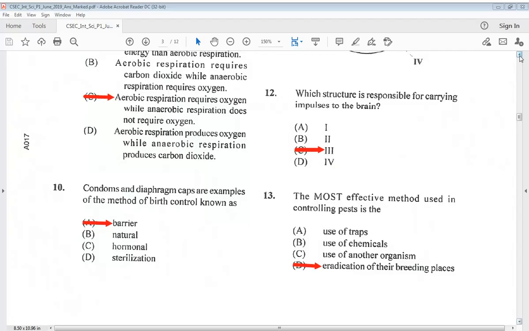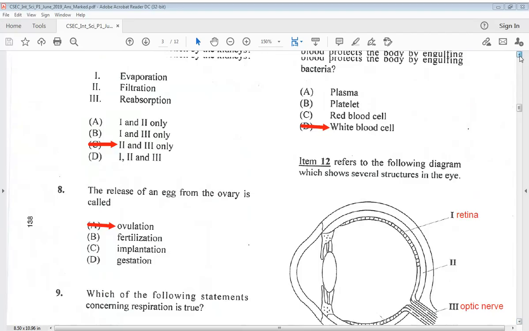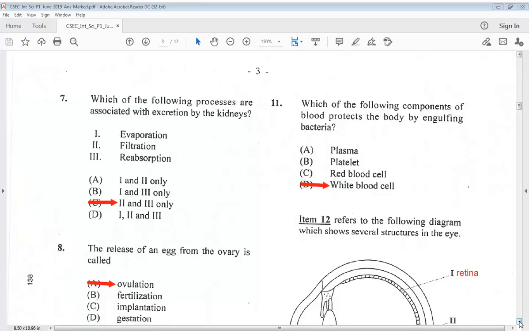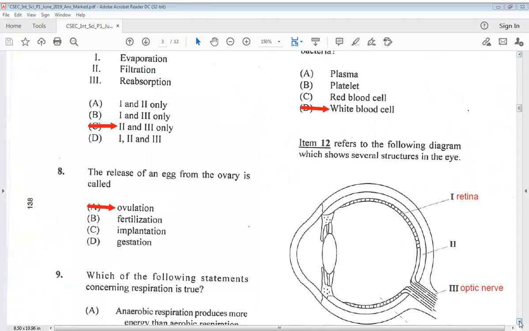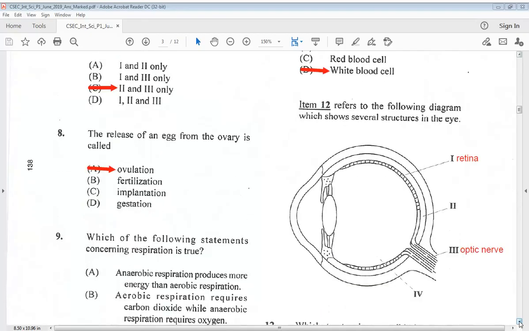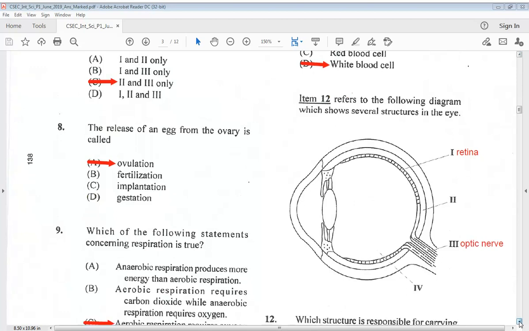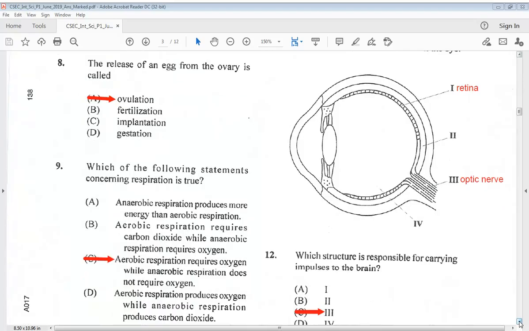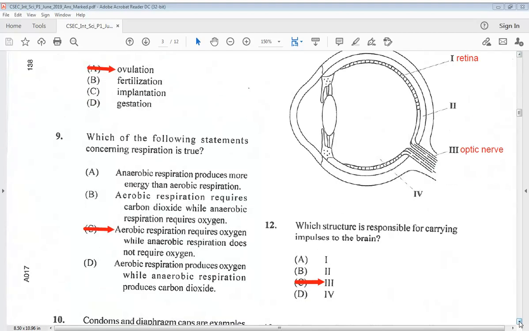Let's go on to question number 11. Which of the following components of blood protects the body by engulfing bacteria? The answer is D, white blood cell. 12. Item 12 refers to the following diagram which shows several structures in the eye. So we have 1, 2, 3 and 4. The question says, which structure is responsible for carrying impulses to the brain?